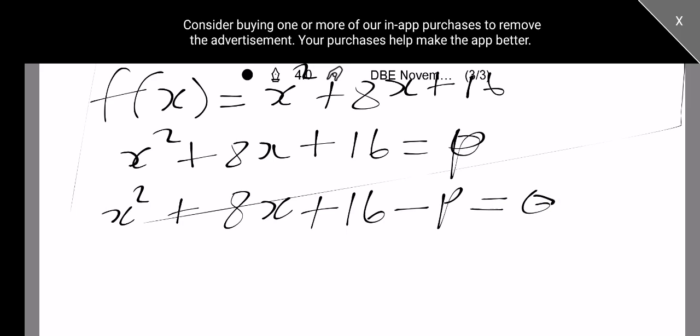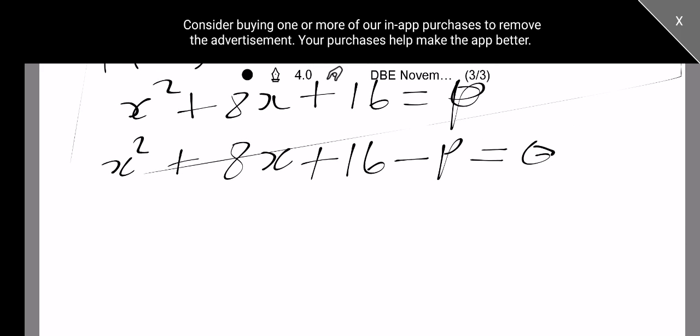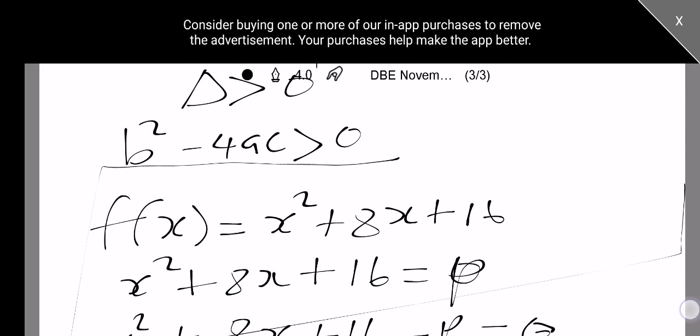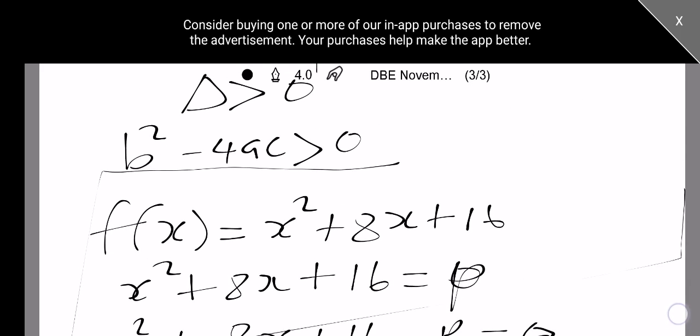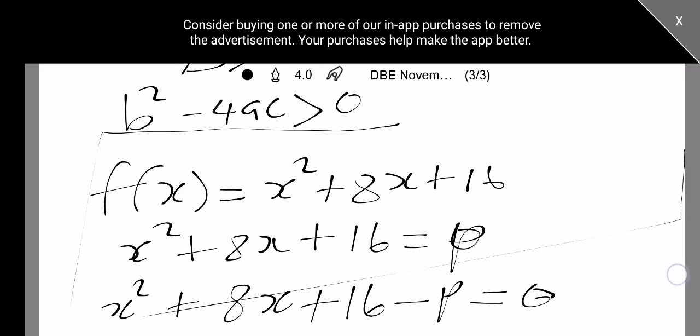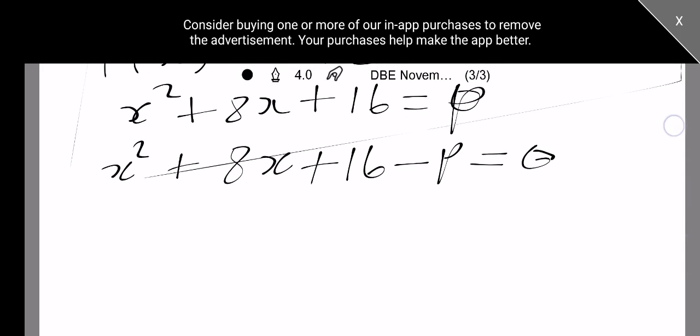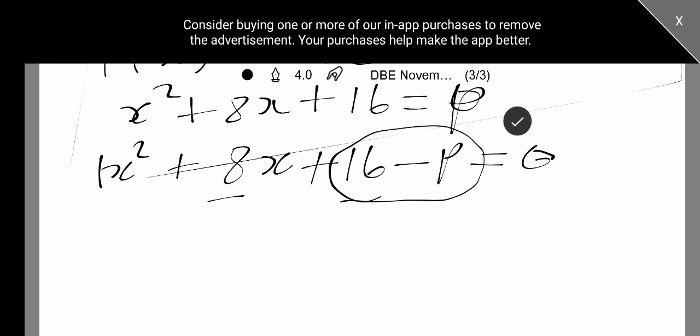Now it's in standard form. We can apply that delta equals b squared minus 4ac. Now here is our a, it's 1. There is our b. Now here the whole of this is going to be our c.